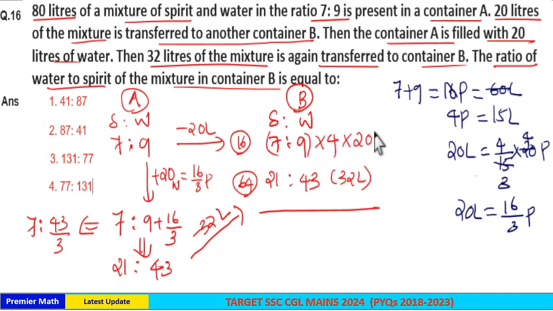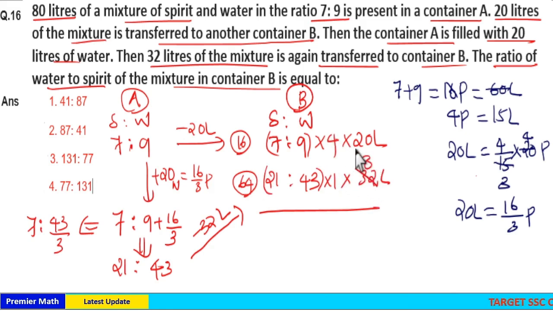And this is 20 liters. And here this is 64. So 64 into 1 is 64. So multiply the second ratio with 1. And this is 32 liters. Now cancel the terms. Here 4 goes 8 times in 32, 5 times in 20. 4 goes 2 times in 8.